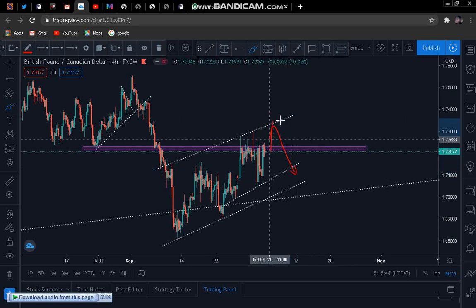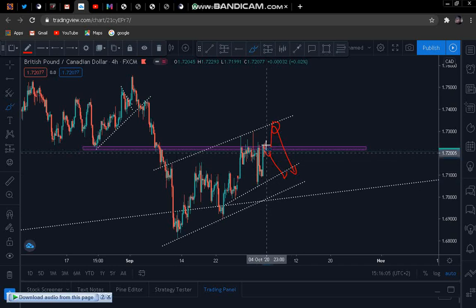So the trade could be taken on this upper touch of the trend line, or if it rejects immediately and doesn't break that resistance zone over here, we could take another trade over here, depending on what happens.